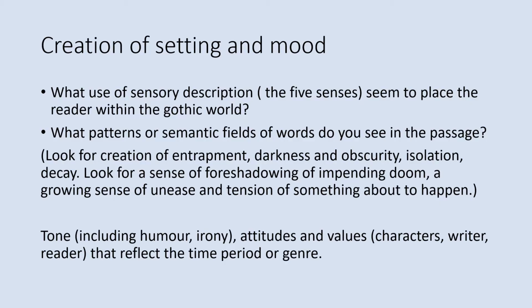Remember that Gothic writers are trying to terrify the reader, so in a sense they want to put the reader within the world of whatever's happening so that we feel what the characters are feeling. So look for the verbs or adjectives that are going to convey the five senses of touch, sight, taste, etc.